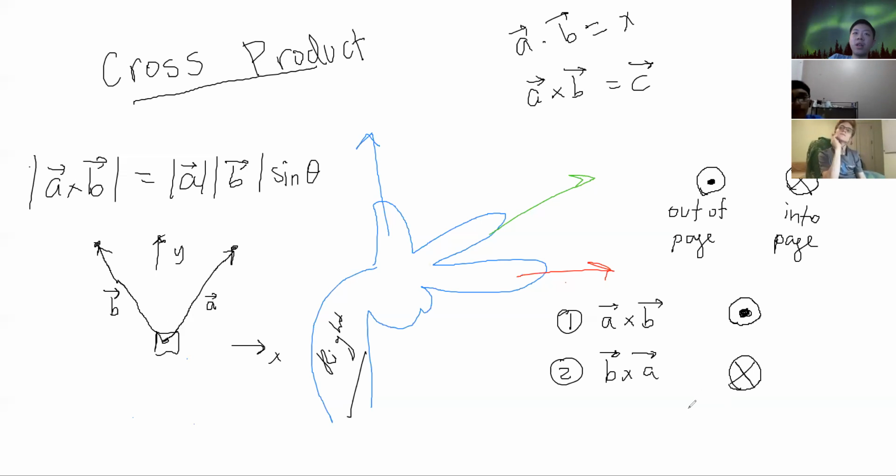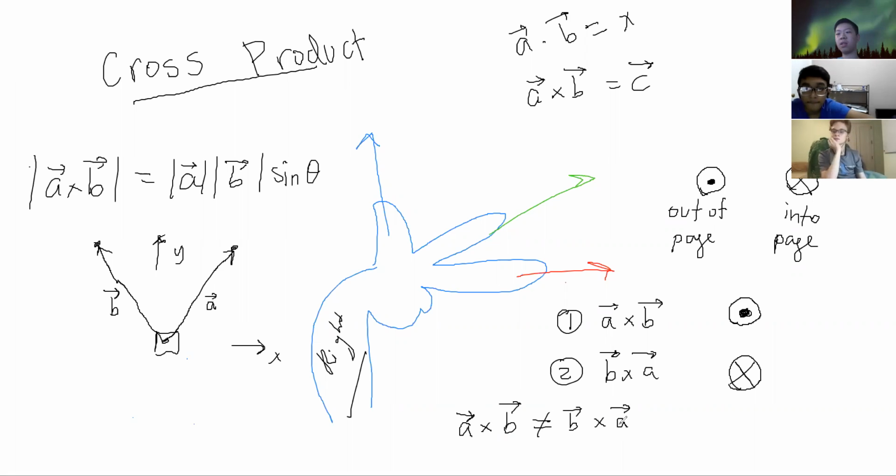They all have the same magnitude. That means the cross product is not commutative, which means that A cross B is not equal to B cross A because they're pointing in different directions. They're called anti-parallel, which is what you call vectors that point in opposite directions.